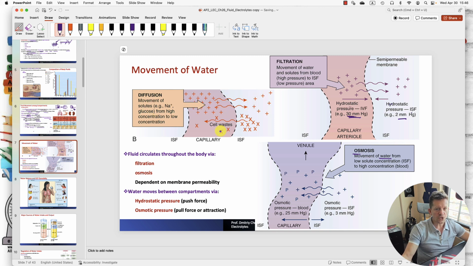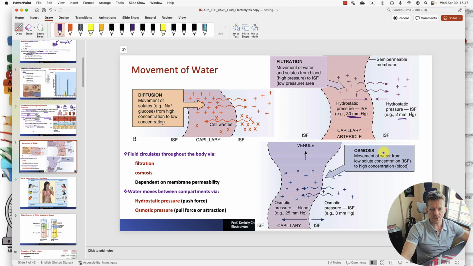The waste is going back, diffusing because it needs to enter the vascular system so we can eliminate it. So it ends up in the interstitial fluid, let's say from intracellular to interstitial and to the intravascular, going down its concentration gradient. So diffusion is the movement of solutes, for example sodium, glucose, whatever, from high concentration to low concentration.